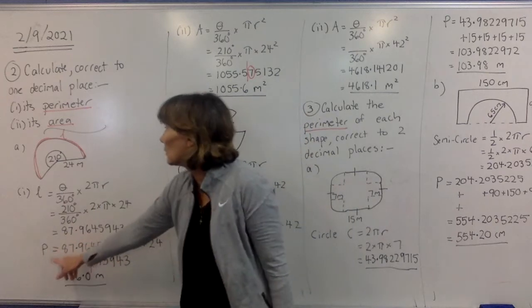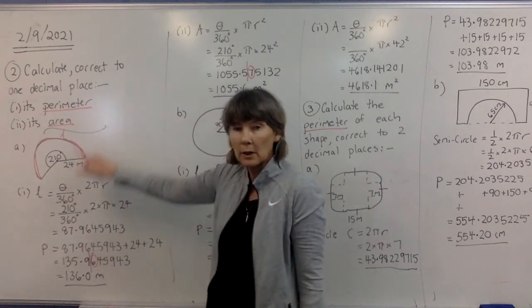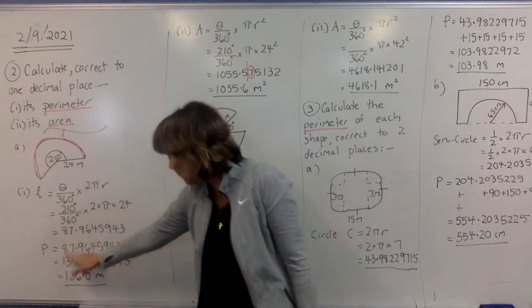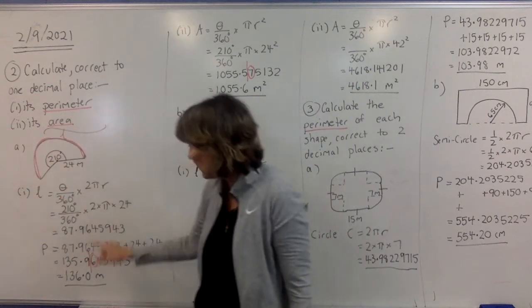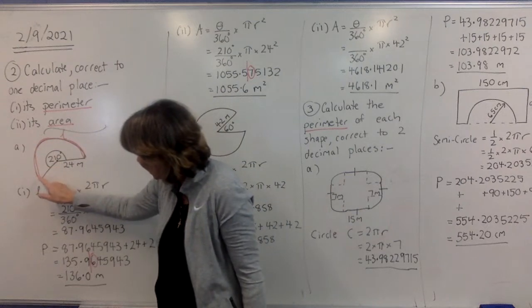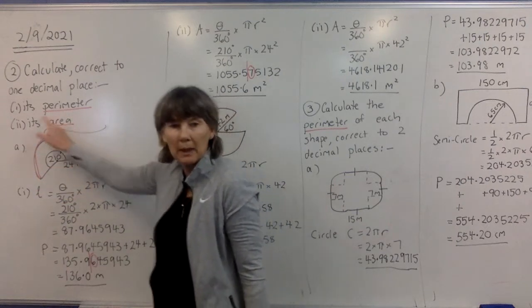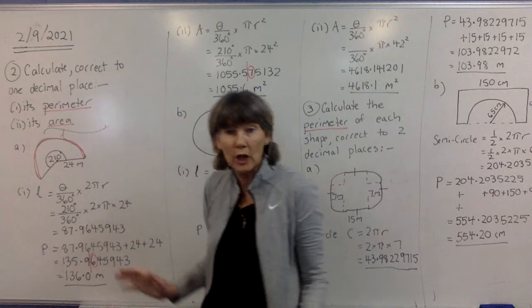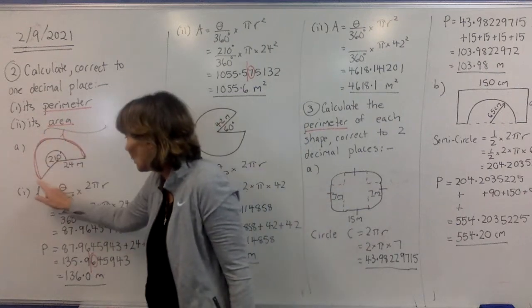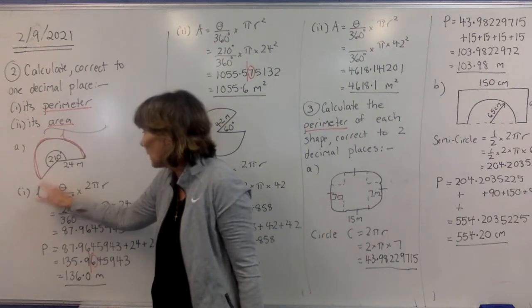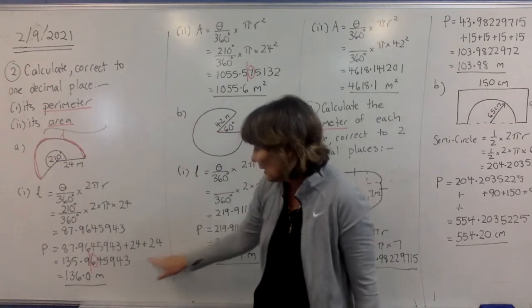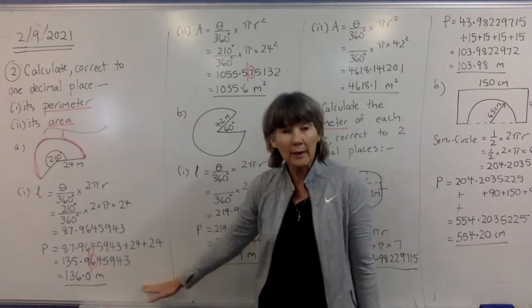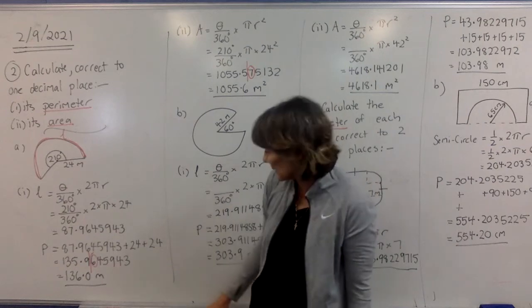So when we then go to find the perimeter, we're going to write P for perimeter, write down our full answer we got for this curve, and then add on this and this to get the whole perimeter of that shape. So it's the whole curved arc length plus 24 plus 24, and you get that answer. Then right at the end you can round to one decimal place.